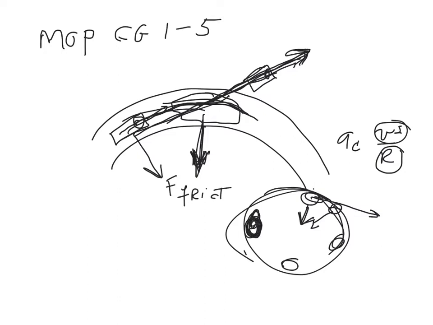And so it's important to realize that when you're moving in a circle, there is an unbalanced force. This is something that you'll forget. The centripetal force is not balanced because you do get an acceleration when you're moving in a circle.